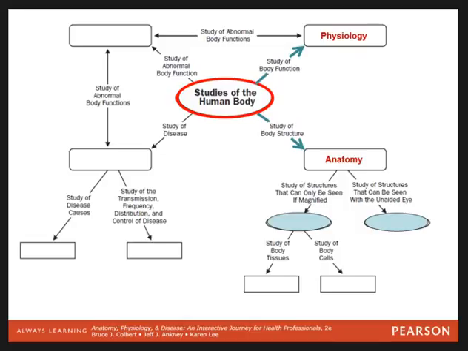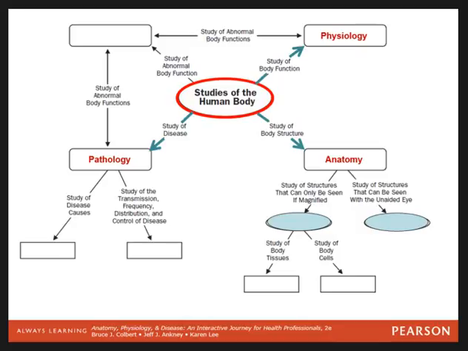All right, so then if we talk about the study of disease, so you've had medical terminology, so you probably know what this term is. The study of disease is pathology. So of course, anything that's the study of generally ends in ology, and patho being disease, so pathology.